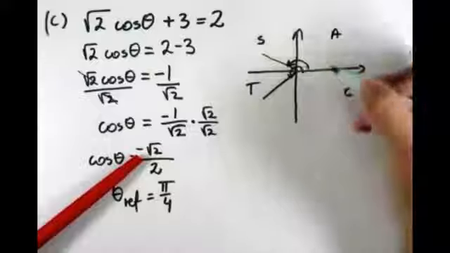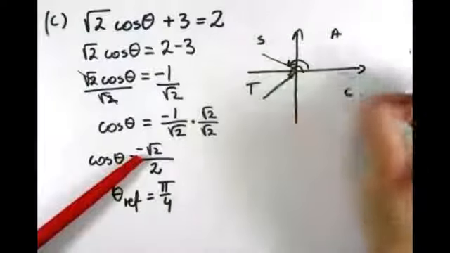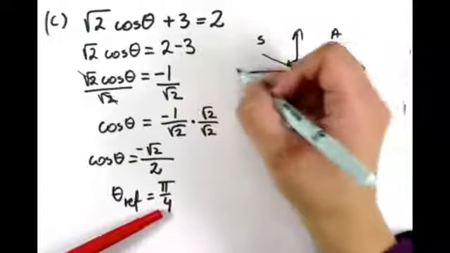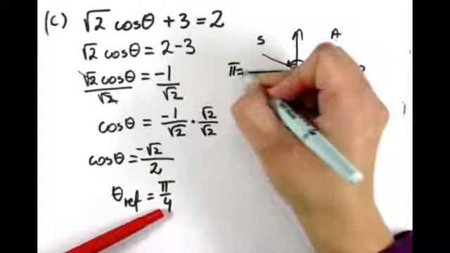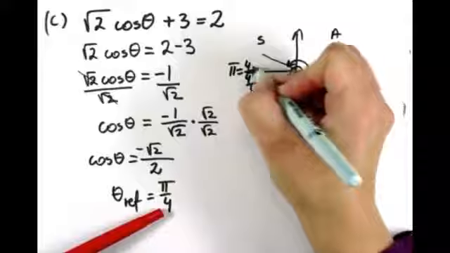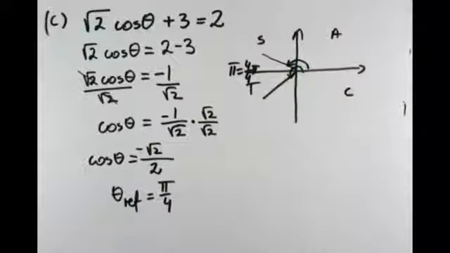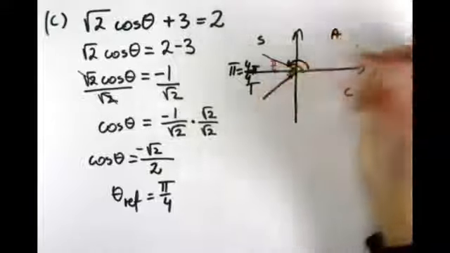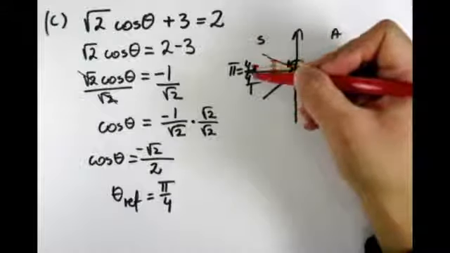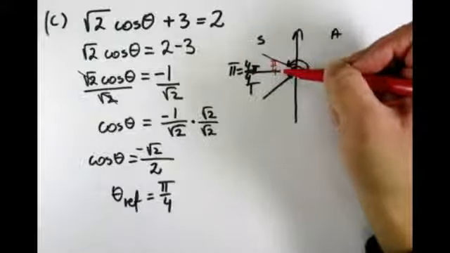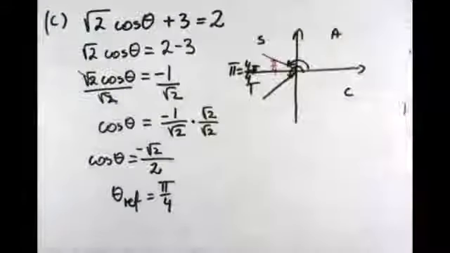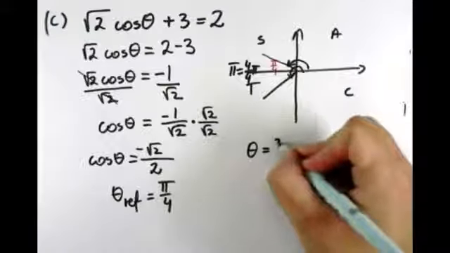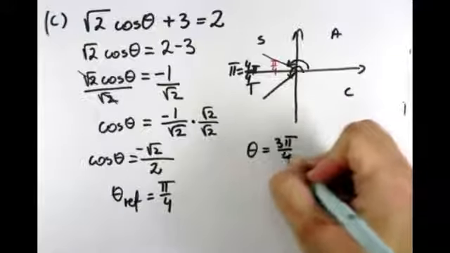Okay? So this one, the whole straight angle is pi, in terms of 4s, which is 4 over 4 pi. My reference angle is pi over 4 or 1/4. So 4/4 minus 1/4 gives me 3/4. So my first solution is 3 pi over 4.